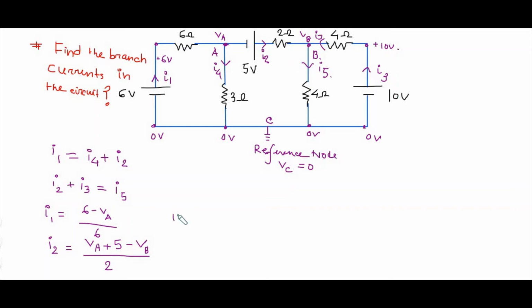Now to define I3, that would be the 10 volt battery minus VB, the potential difference at the B node, upon 4 ohm.